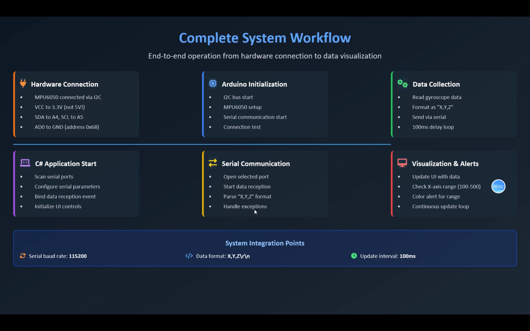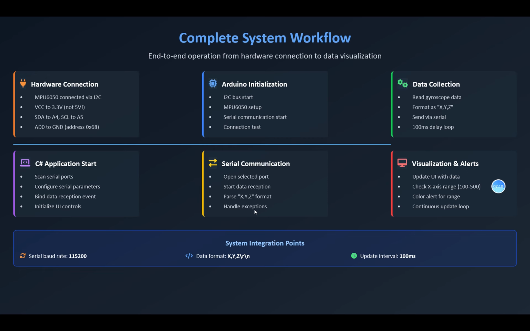The C# application starts, scans the serial ports, configures the serial parameters, binds the data reception event, and initializes the UI controls. The serial communication opens the selected port and starts data reception, parses the XYZ format, and handles exceptions.